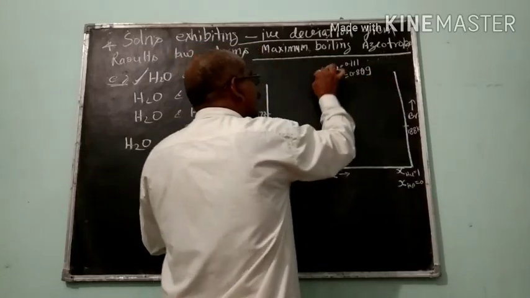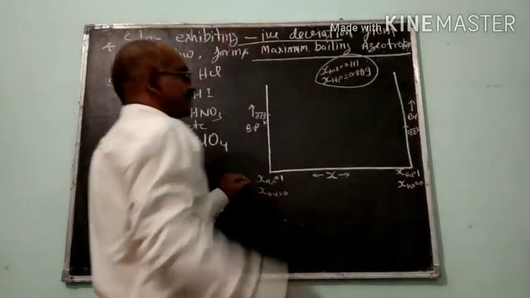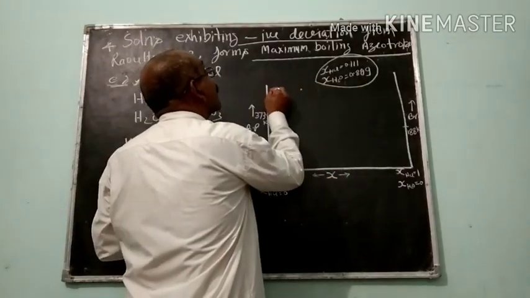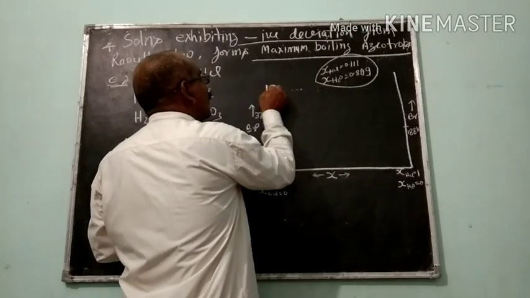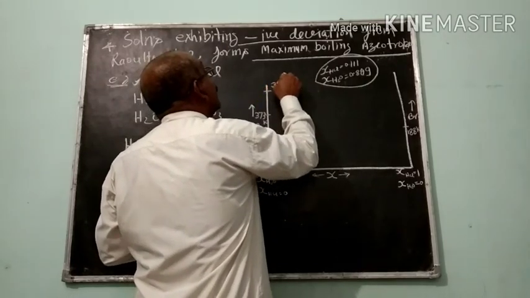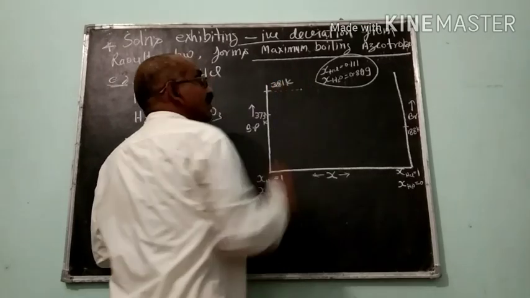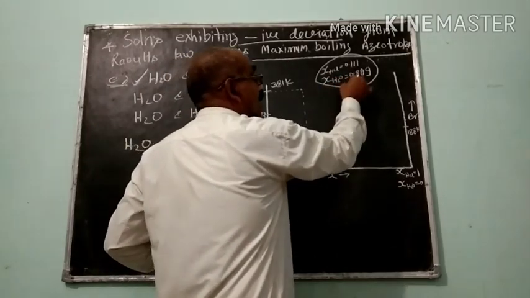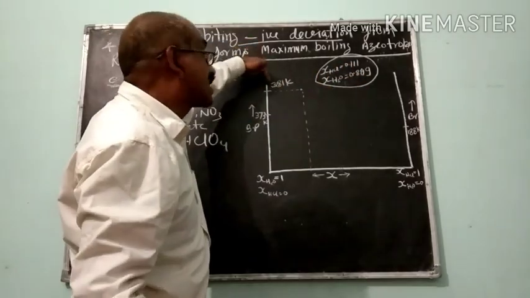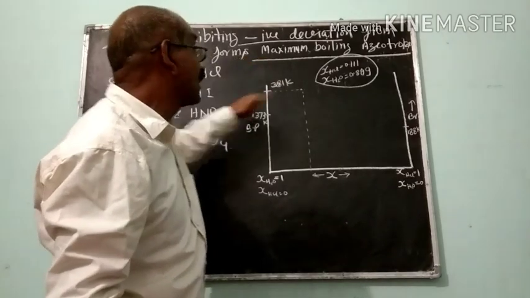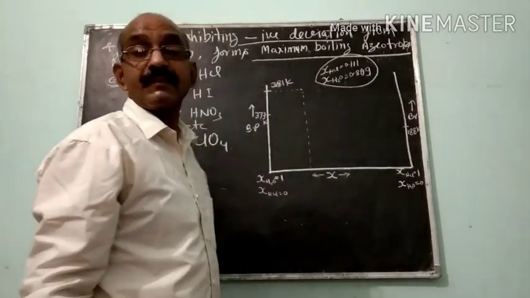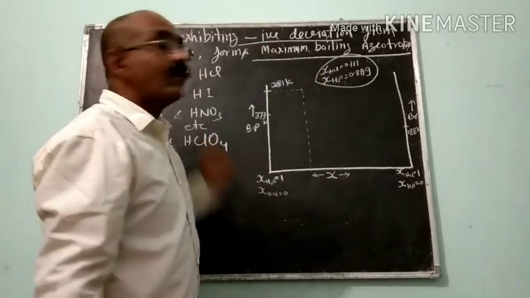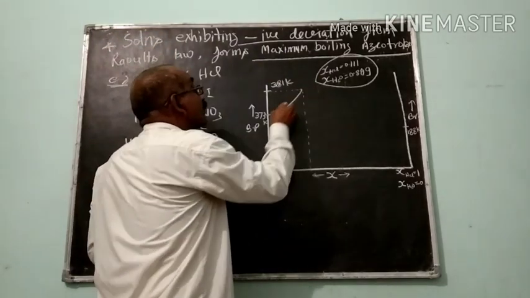So this intermediate composition boils at another temperature 381 Kelvin. This intermediate mixture, a composition, boils at the temperature 381, which is higher than the boiling point of both the components. Therefore, is example of maximum boiling azeotrope.